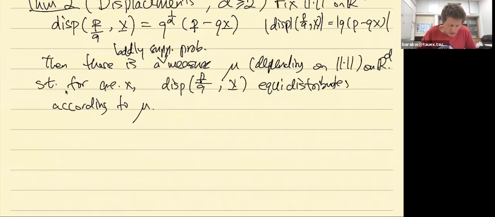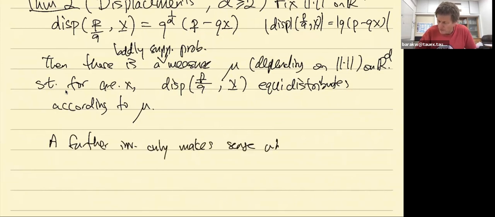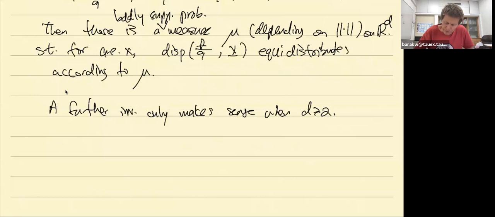Okay, let me mention another further invariant. It only makes sense when d is not equal to 1. So here it is. I'm given a vector, which I want to write in Z to the d plus 1.